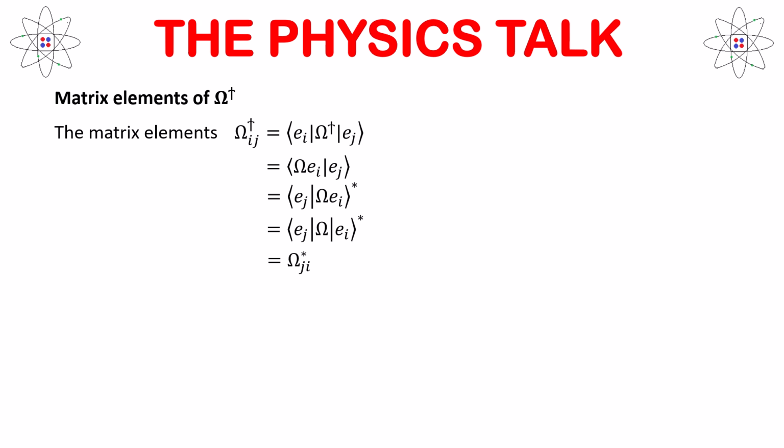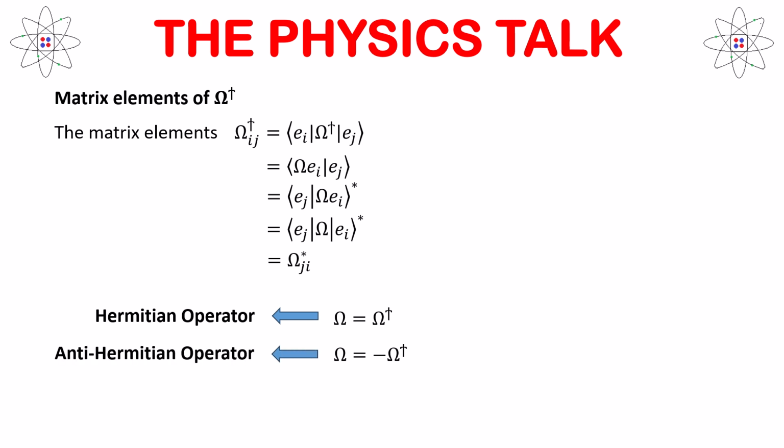When an operator and its adjoint are the same matrix, it is called a Hermitian operator. In the case the adjoint is the same but with opposite sign, then it is called an anti-Hermitian operator.